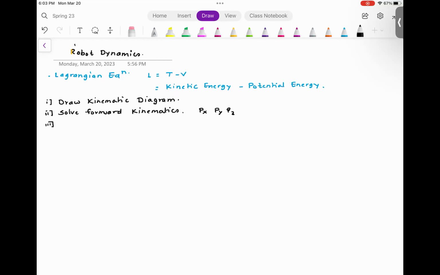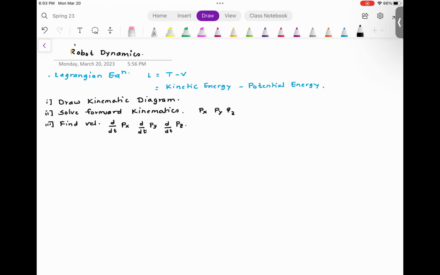Then find the velocities, which is d by dt of Px, d by dt of Py, and d by dt of Pz.